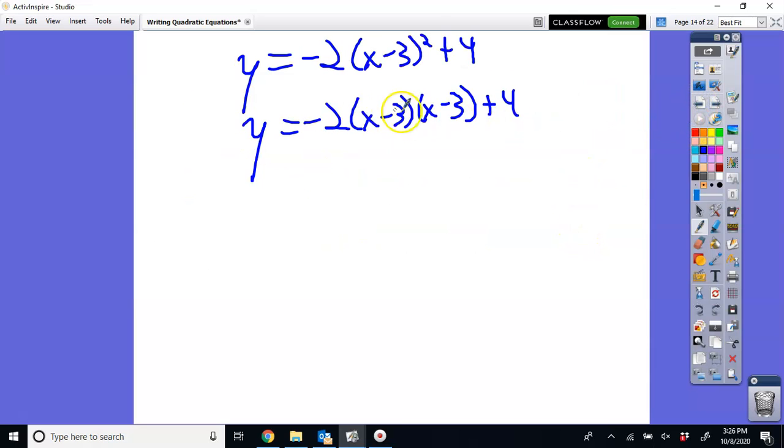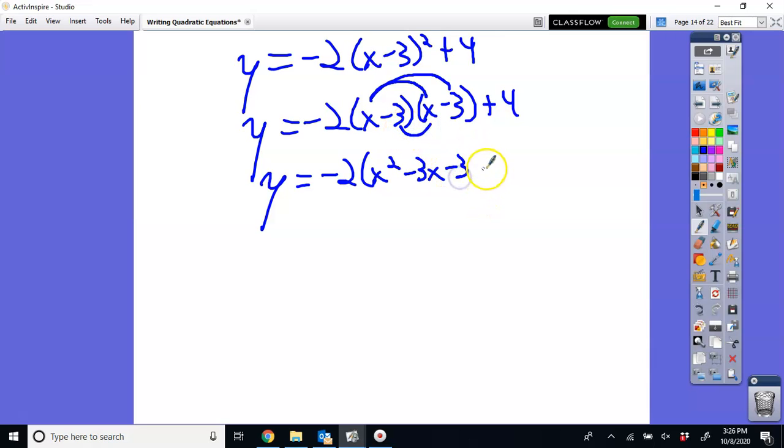When you do that, it multiplies x times x. x times x is x squared. That's why this is a quadratic. x times negative 3 is a negative 3x. Negative 3 times x, that's the inside part, the I part of the FOIL method. And then negative 3 times negative 3, that's the last one times the last one.